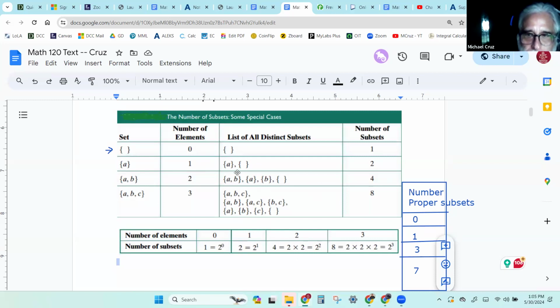So there's our 2 distinct subsets. Subtract 1 to get proper subsets. If we got 2 elements, that's 2 to the second power right here, which is 4. So 4 subsets. Subtracting 1 gives us 3 proper subsets. And 2 to the third power is 8. So 8 subsets and 7 proper subsets after we subtract 1.